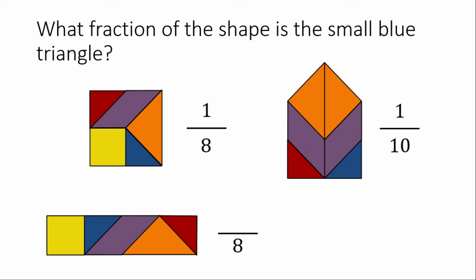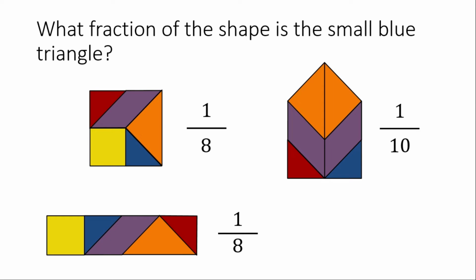And in fact, if you take a look, you will see that they are made of the exact same shapes, just a different arrangement. And that's the kind of cool thing about tangrams. You can make all these different patterns and different shapes in general just by rearranging the tangrams. Okay, how many of them are blue? Well, it's just the 1 blue triangle, so 1/8.